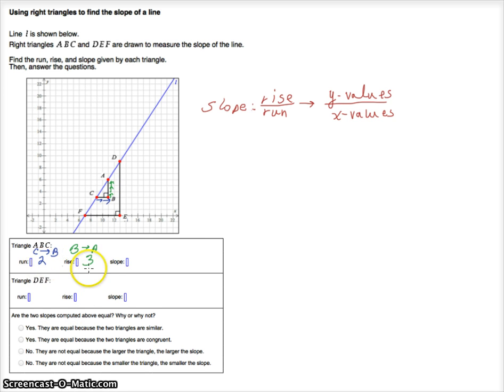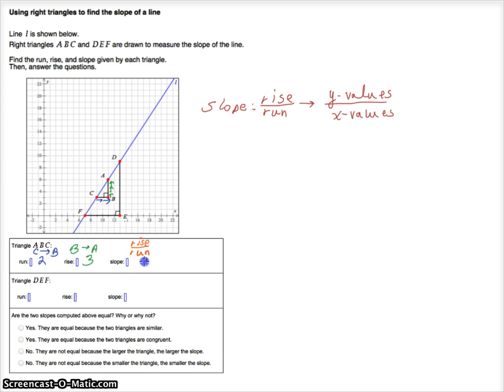So now we have our run and our rise, and we have to remember that slope is going to be our rise over our run. So we can mark that slope is rise over run. Our rise value is 3, and our run value is 2.